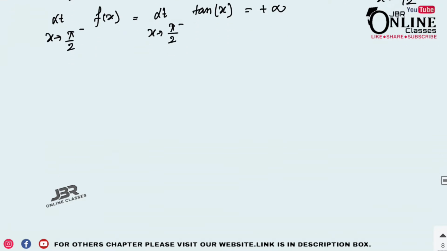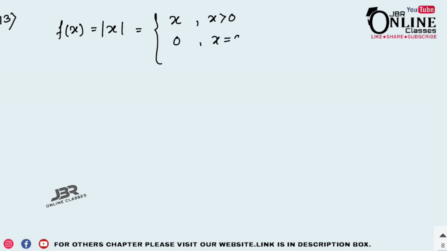Now the next one, sum number 13. Here the function f is defined by f(x) equals mod x, continuous at x equal to 0. So mod x means x for x greater than 0, 0 when x equals 0, and minus x when x is less than 0. So for the left limit, x tends to 0 minus f(x).